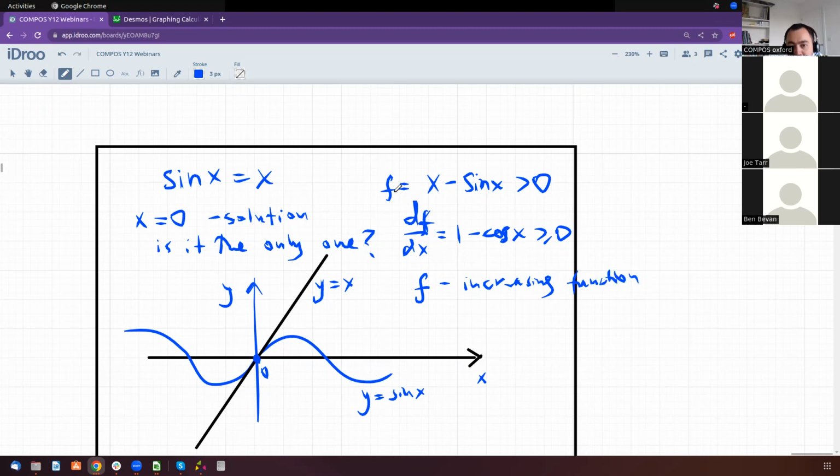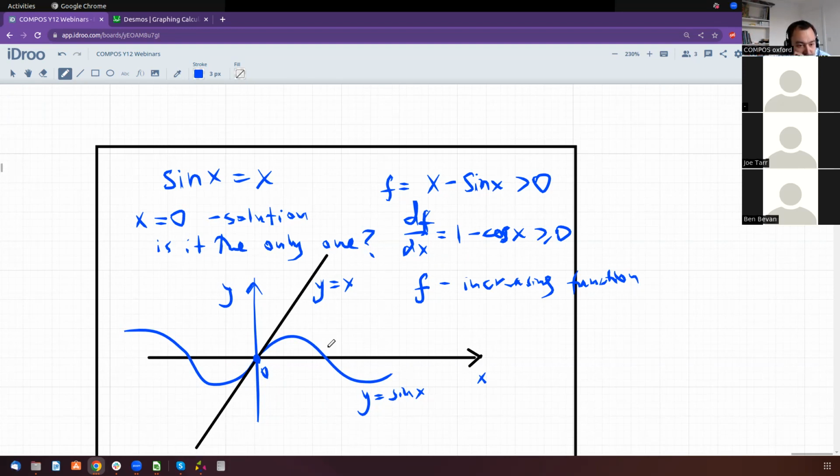So basically, f is always increasing. The distance between the line and the graph is always increasing. And we know the distance between the points at 0 is 0, and since it's always increasing, we can show that.